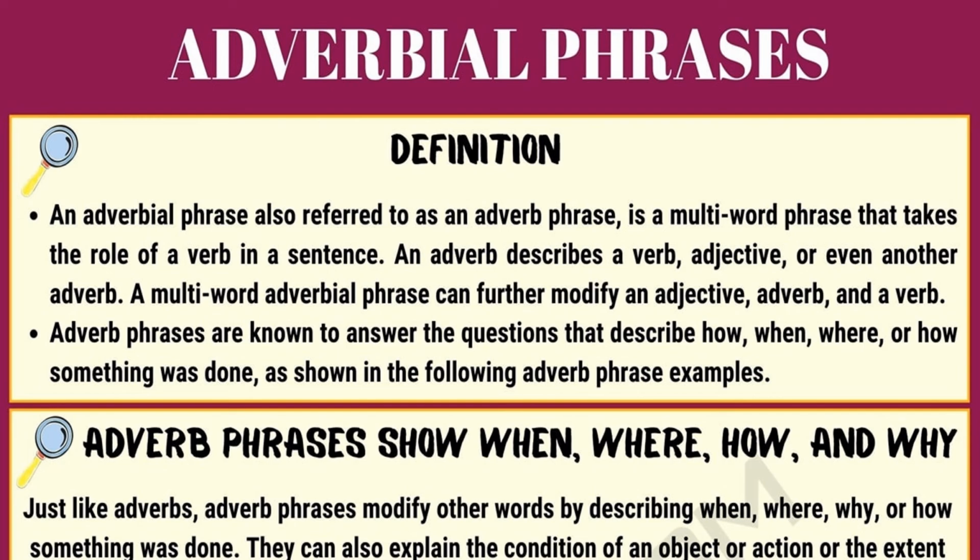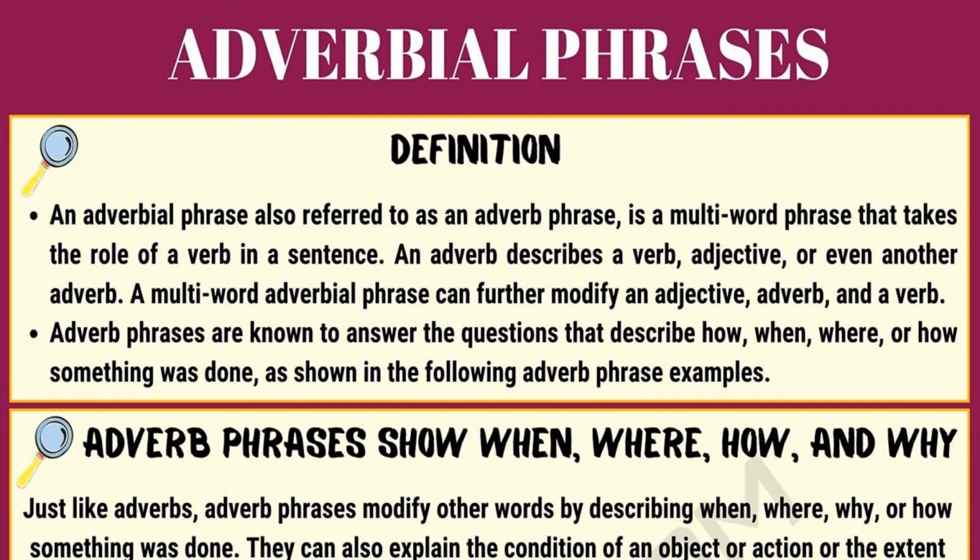An adverb describes a verb, adjective, or even another adverb. A multi-word adverbial phrase can further modify an adjective, adverb, and a verb. Alright, the next point. Adverb phrases are known to answer the questions that describe how, when, where, or how something was done, as shown in the following adverb phrase examples.